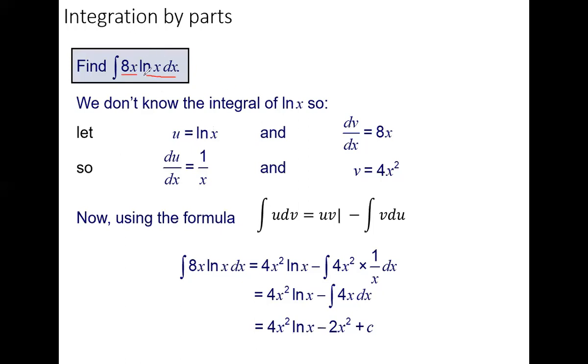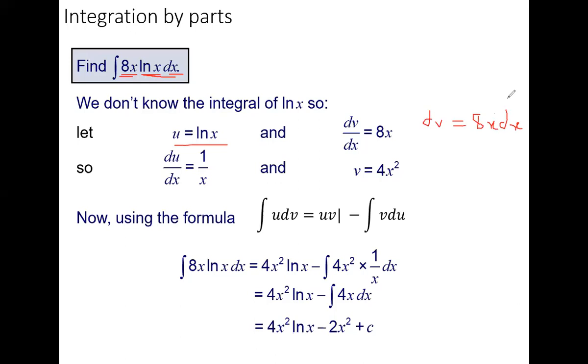So you rather make ln x equal to u, and then make the remaining term, 8x dx, the dv. So make your dv 8x dx. That is what you have to do in this case.